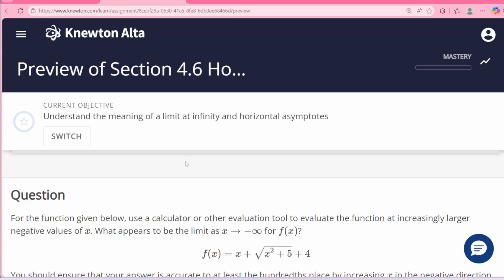All right, so the first objective here is to understand the meaning of a limit at infinity and horizontal asymptotes. First I'll quickly explain what these are and then come back to the question.